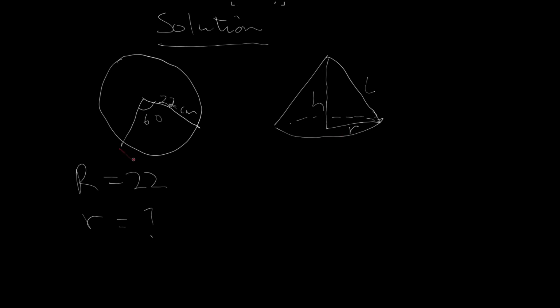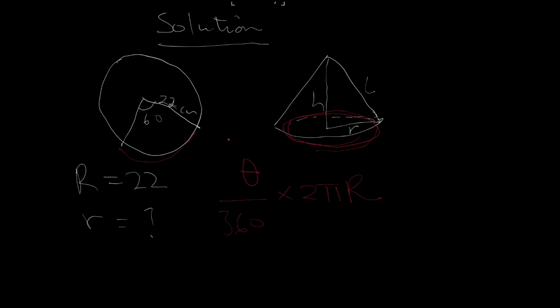So this whole thing, the length of the arc of the sector, should be the circumference of the cone. The length of the arc of the sector should be theta over 360 times 2 pi R, where R is the radius of the circle.